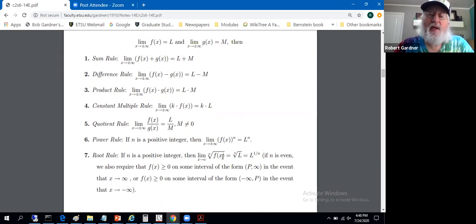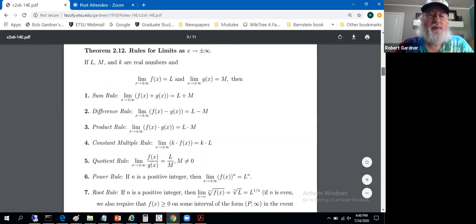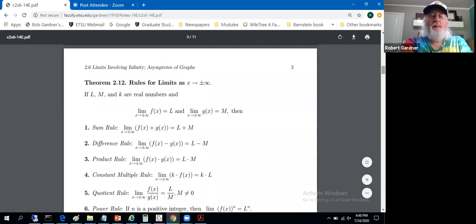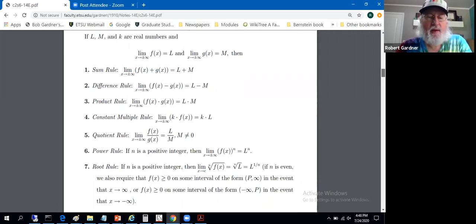And the limit of the nth root is the nth root of the limit, where we're real careful about square roots of negatives, as we were back in Theorem 2.1. So Theorem 2.12, is it? Yeah, 2.12 basically says those rules you had in Theorem 2.1 about regular limits all hold under appropriate hypotheses for limits as x approaches plus or minus infinity.